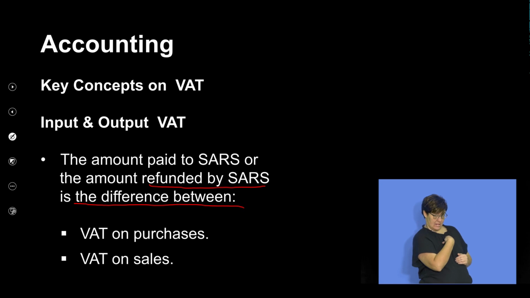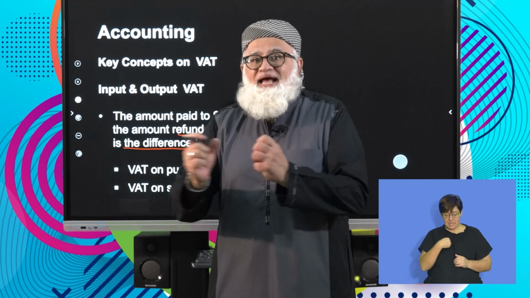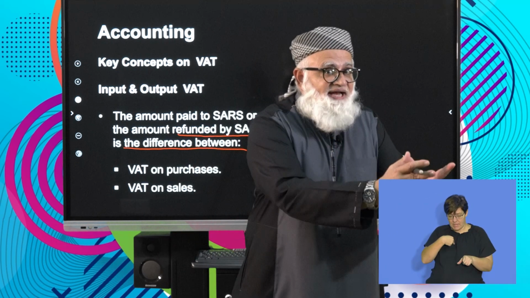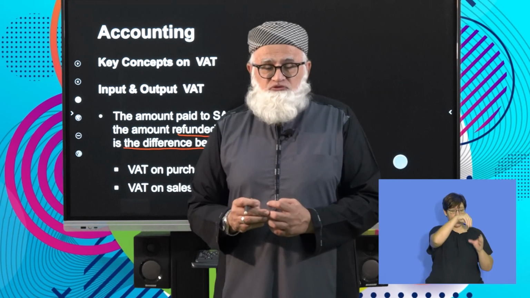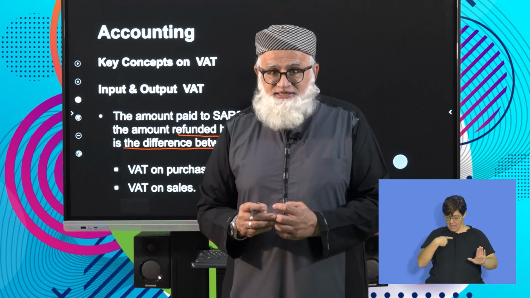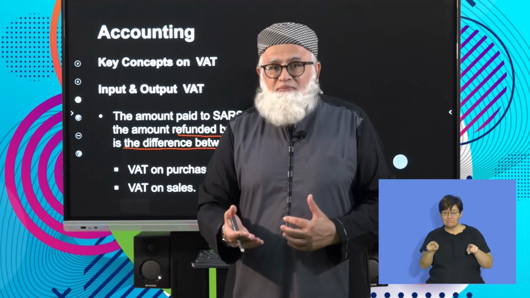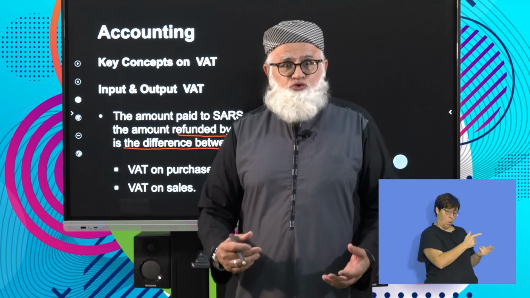So, two things. You've paid VAT and you've collected VAT. So, to make it very simple for you, you've paid VAT, input VAT. You've collected VAT, output VAT. Okay, you got it? Clear. Now, the difference between the two will determine whether you have to pay to SARS or SARS has to pay to you.